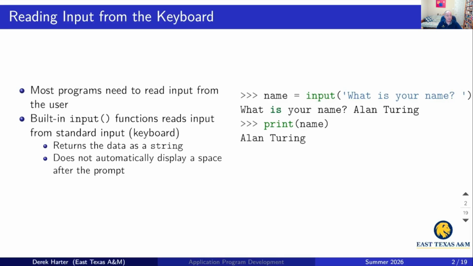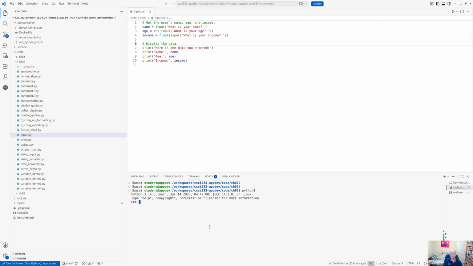Okay, so let's take an example of doing that real quick. If we run an interactive session, since input returns a string result, if we invoke the input function, whatever the parameter is will be what the prompt is.